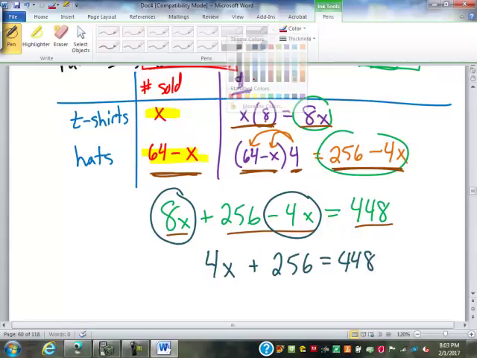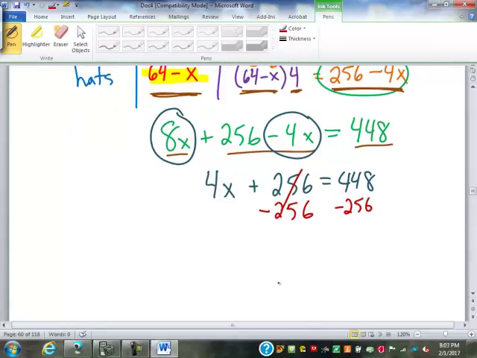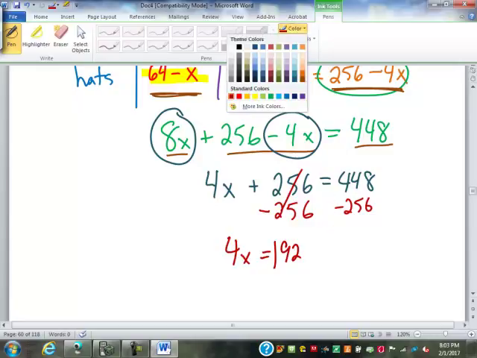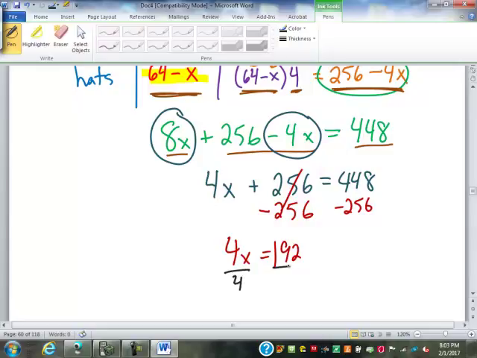And then subtract the 256. 4x equals 192, correct? Is that right? Yeah, that's right. And then divide by 4. X equals 48, correct? Yep.